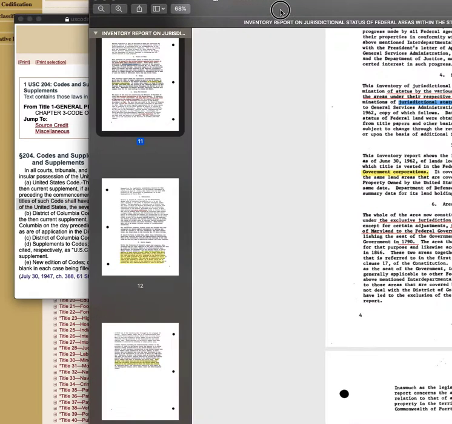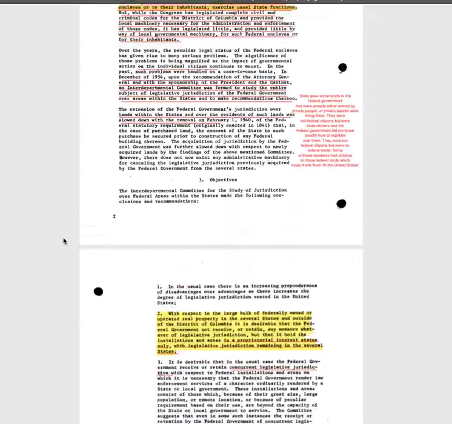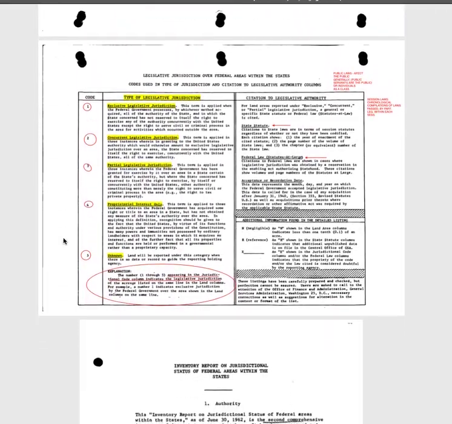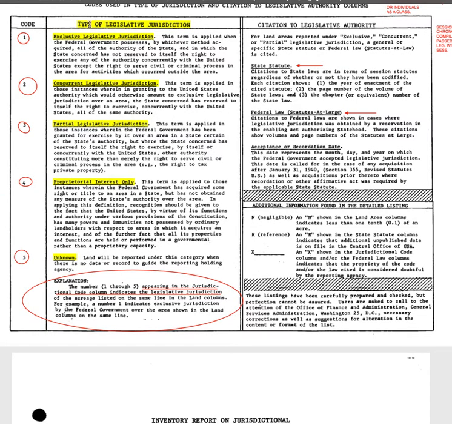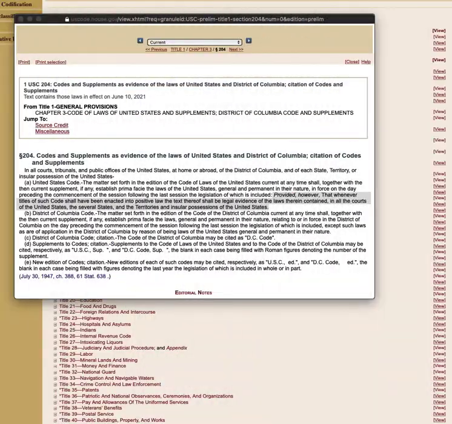So what are those places? Places that they have purchased by consent of Congress and they have jurisdiction over. And a lot of these jurisdictions are not constitutional. They're just contracts between the federal government and the state.